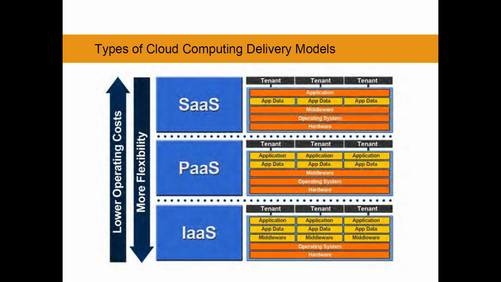this is a common image or diagram when you see about lower operating costs and more flexibility, right? If you want more flexibility, that means you have more control over your cloud asset, so infrastructure as a service is the best one. But you will bear more costs, right?